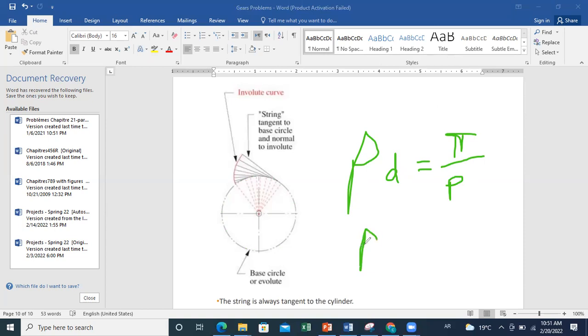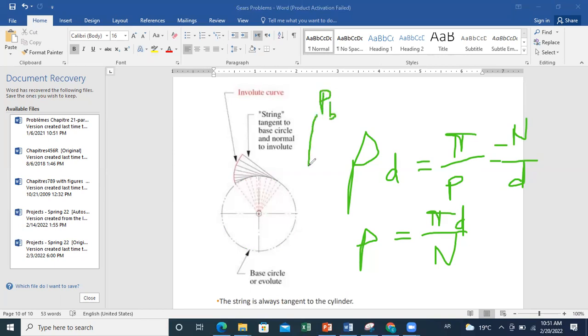The circular pitch P is equal to pi times D, which is the circumference of the pitch circle, over N. While for your diametral pitch, if you replace P by its value, you get the definition of the diametral pitch, which is N over D. In this problem we already calculated the value of PB.